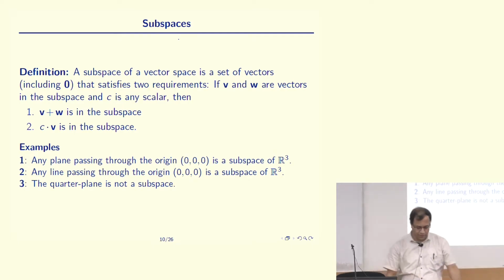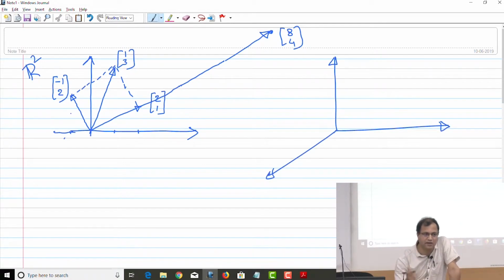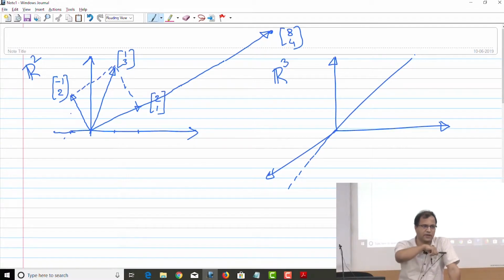For example, consider the three-dimensional vector space. I shouldn't use the word dimension because I haven't defined it, but consider R3. Suppose we consider a subset of R3 which is a line passing through the origin, extended infinitely.